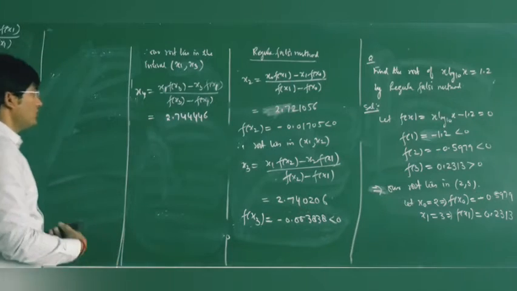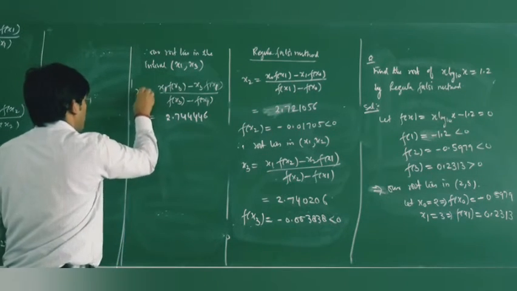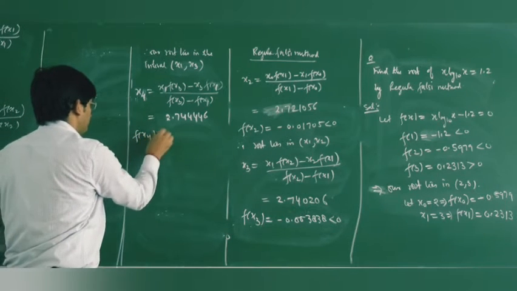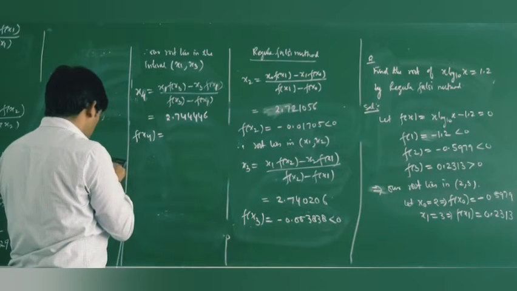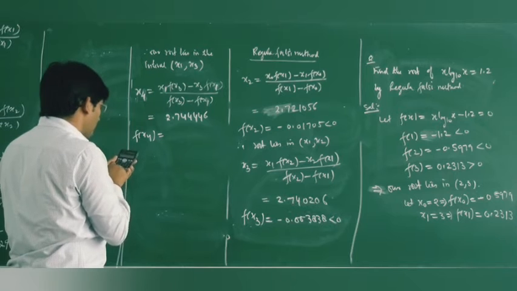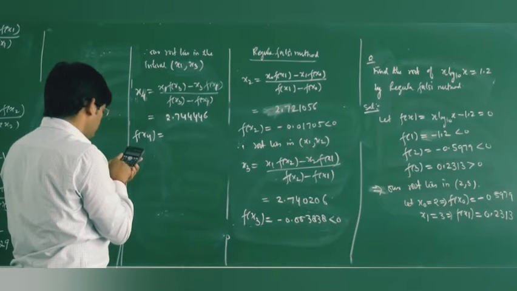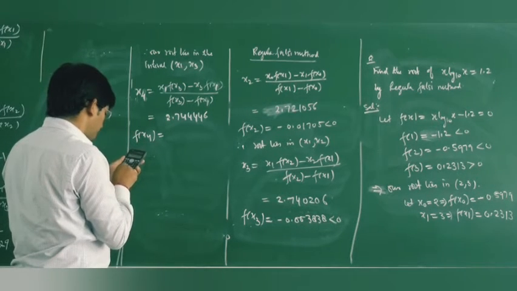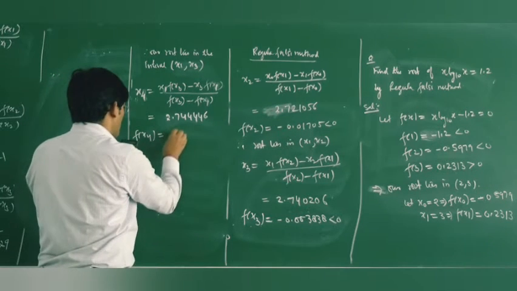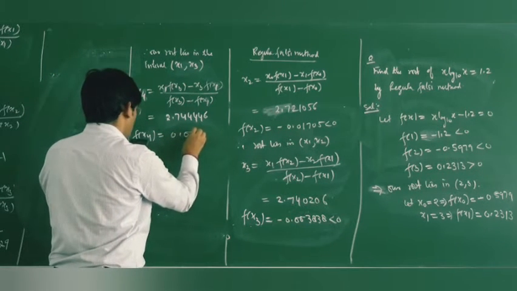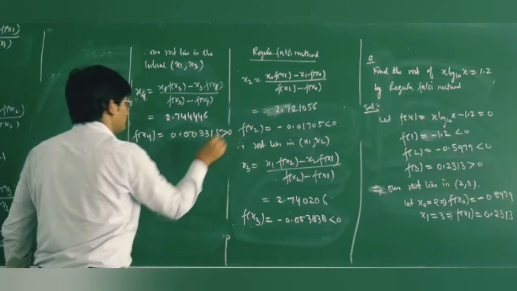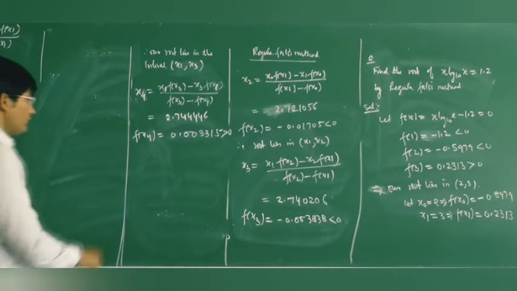Now let us perform one more step. At this x4, the value of the function is equal to 0.00003315, and now this is your positive.